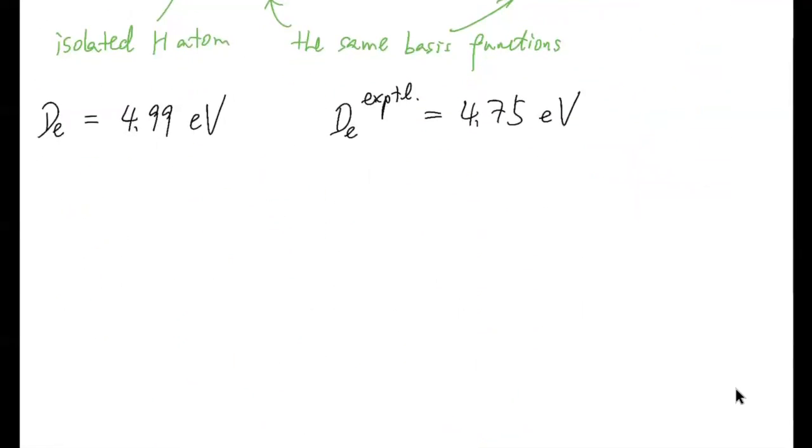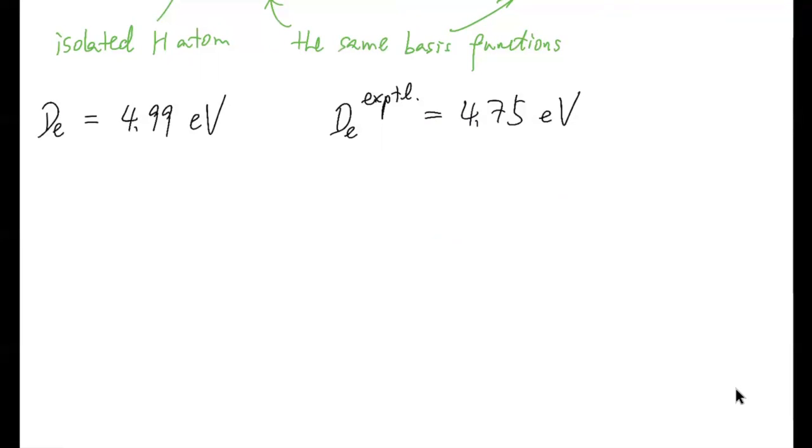So let's just compare dE, okay? By this calculation, we know the dissociation energy is 4.99 eV. And based on the experimental information, the dissociation energy is 4.75 electron volt.